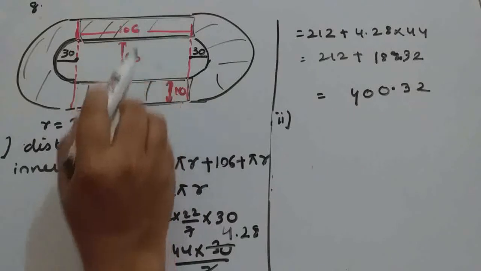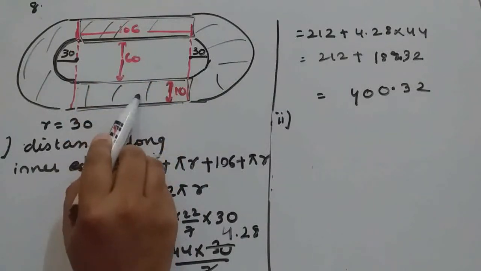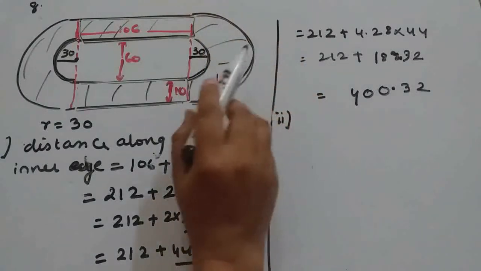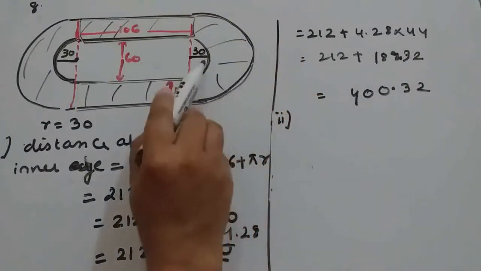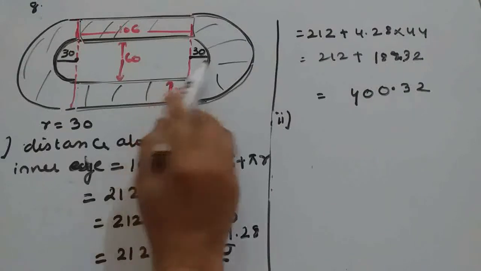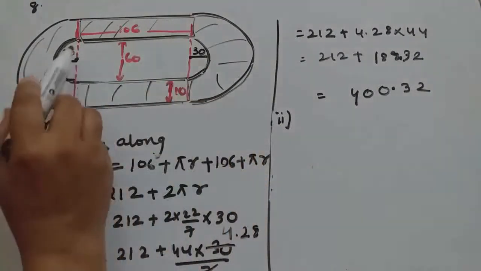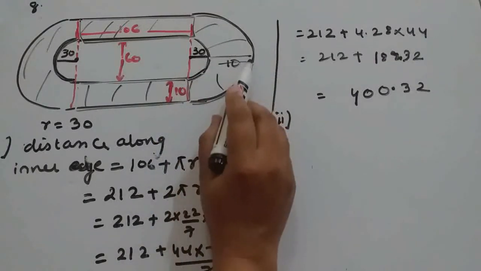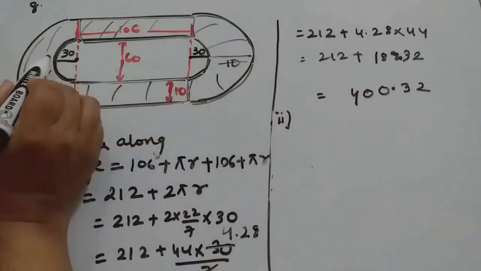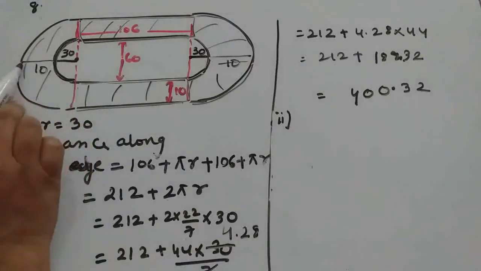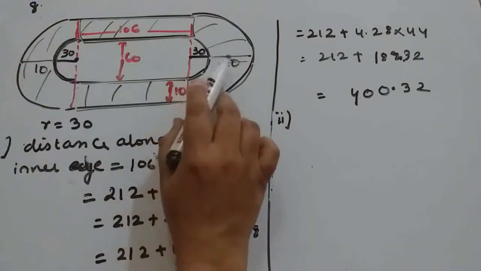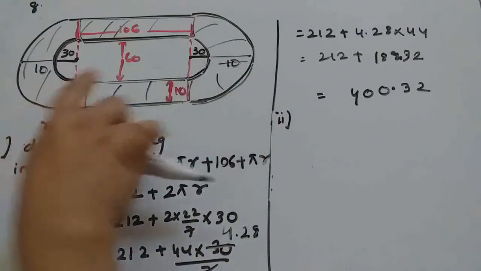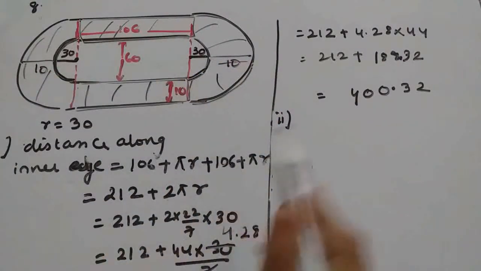So 2 into the area of a rectangle, and here if you observe, outer semicircle minus inner semicircle. Here also this thickness is 10, so for the outer semicircle the radius will be 40. Here also 10, so for outer it is 40. So outer semicircle minus inner semicircle, 2 are there. That means outer circle minus inner circle, isn't it?